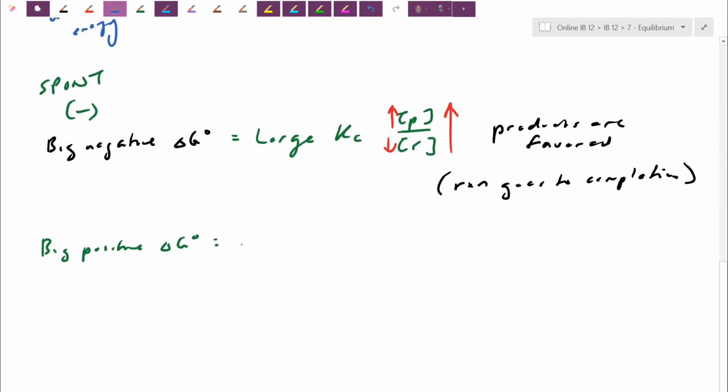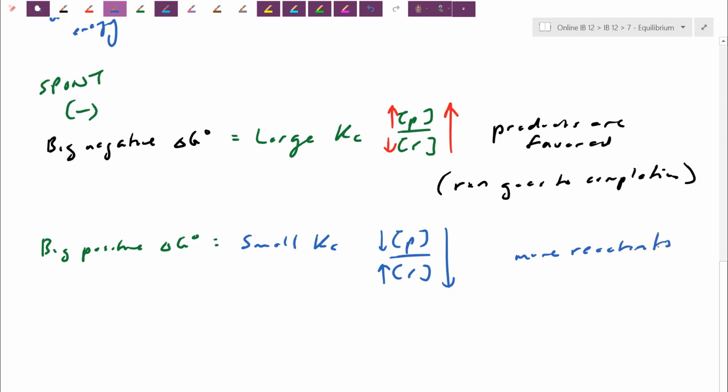So small positive here, what I want is a small Kc, one that's between 0 and 1. Again, we do this ratio, products over reactants. How is my fraction going to be so tiny? It's when this fraction is tiny, I want very little products, but a lot of reactants. In that case there, we have more reactants.